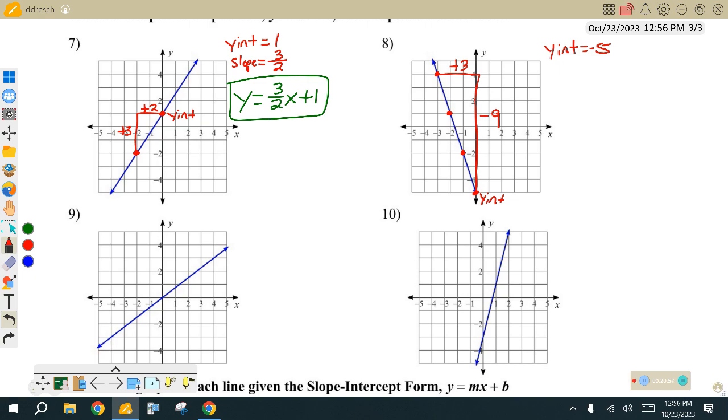Now, when I write my slope, my rise is -9. My run was +3. Reduce it, everybody. -9 divided by 3 is -3.